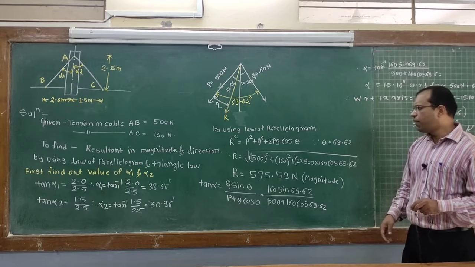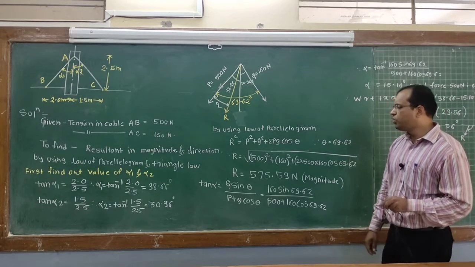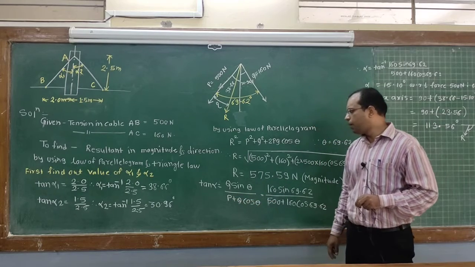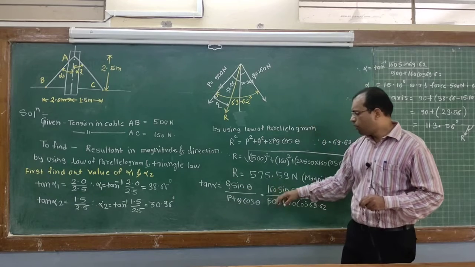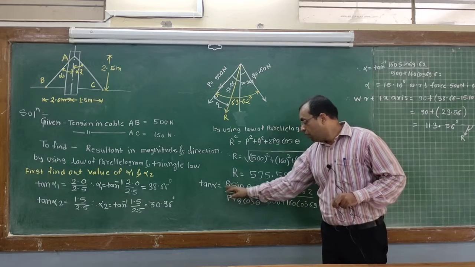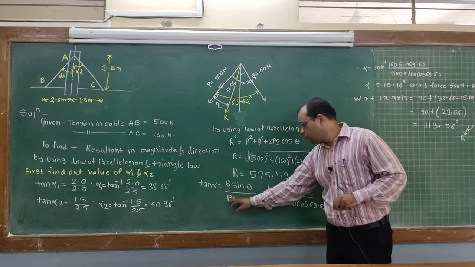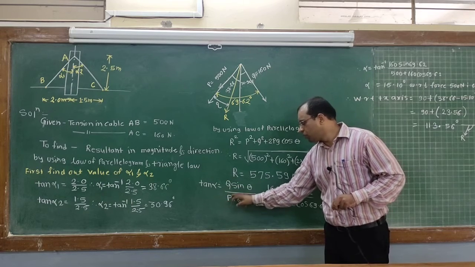Again, in order to find out its direction, we have the formula tan alpha is equal to Q sin theta upon P plus Q cos theta. If you substitute all the values in this formula, you will get alpha with respect to P. Whatever this notation, you will get the angle or direction with respect to this force only.